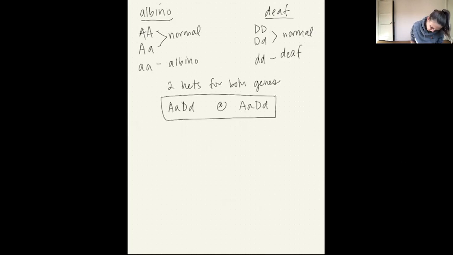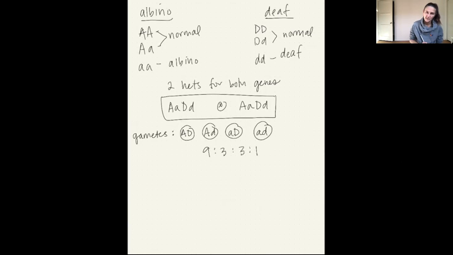First thing first, you always want to figure out what are the gametes. Remember that the gametes are going to have one copy of each gene, or each allele rather. So again, it's going to be a 4x4 Punnett square. But hold on, do we have to draw that whole thing out? No, because we know what the predicted ratio is.